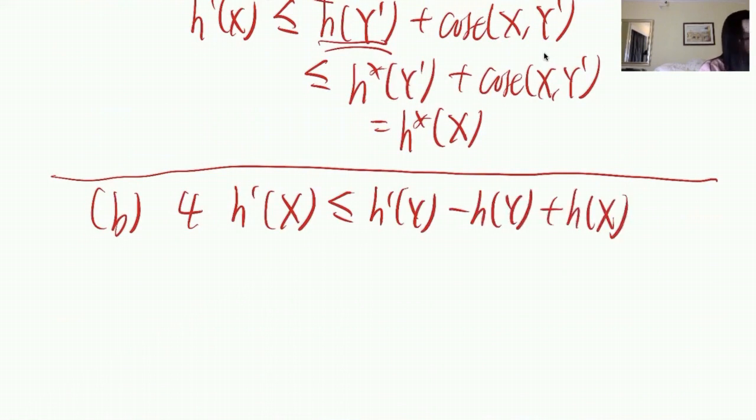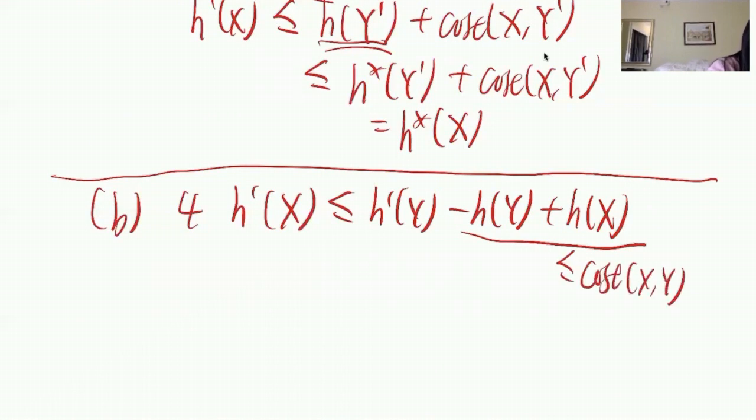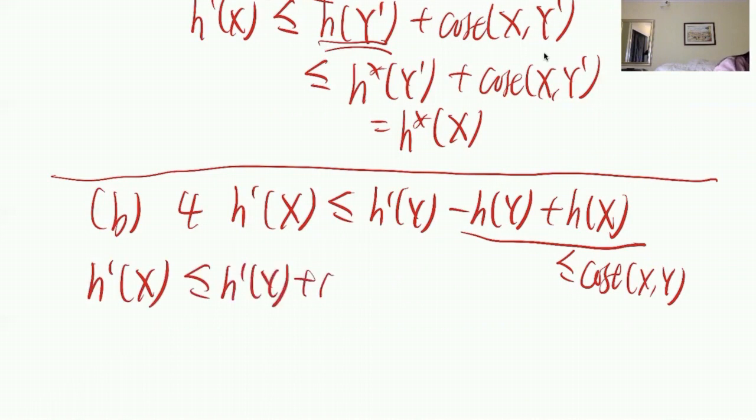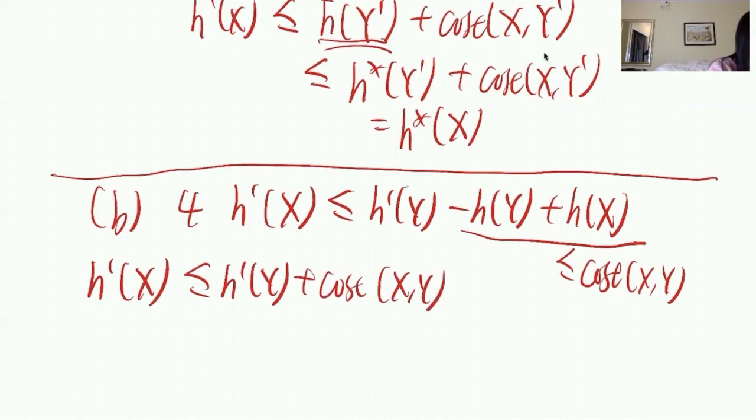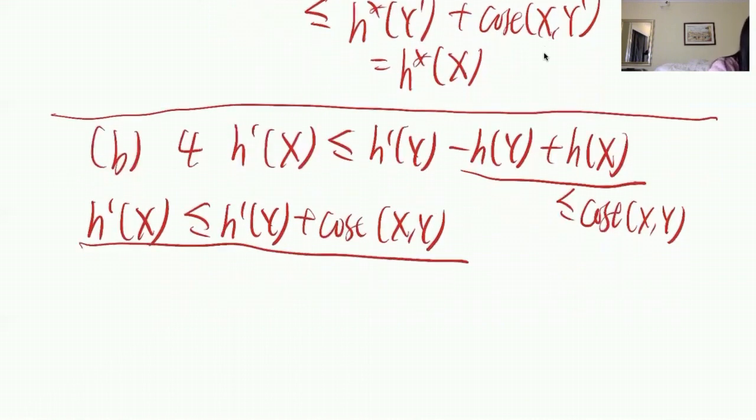Because H is a consistent heuristic, we know that this term is not greater than cost XY. So H prime X is not greater than H prime Y plus cost XY. Therefore, H prime is still a consistent heuristic.